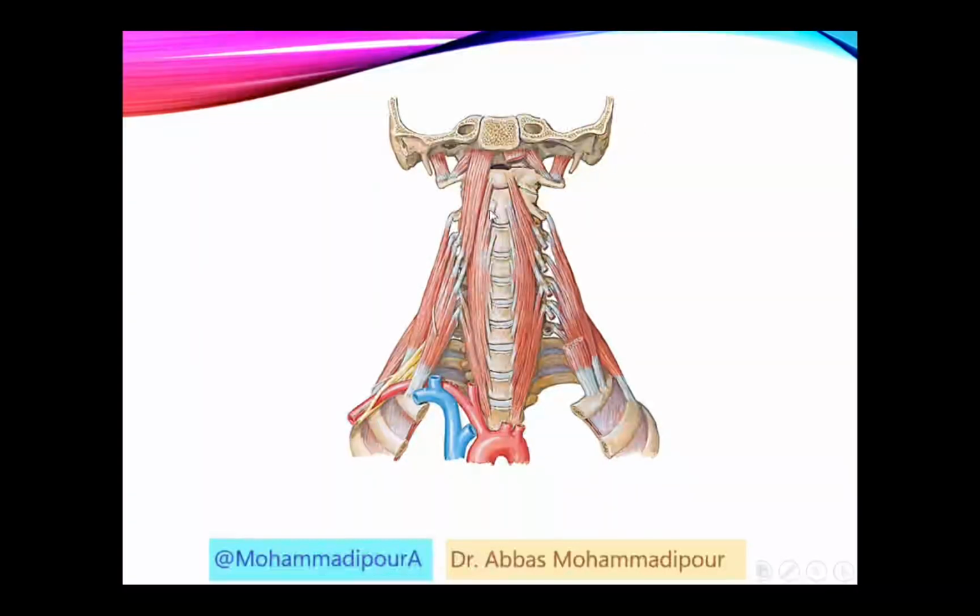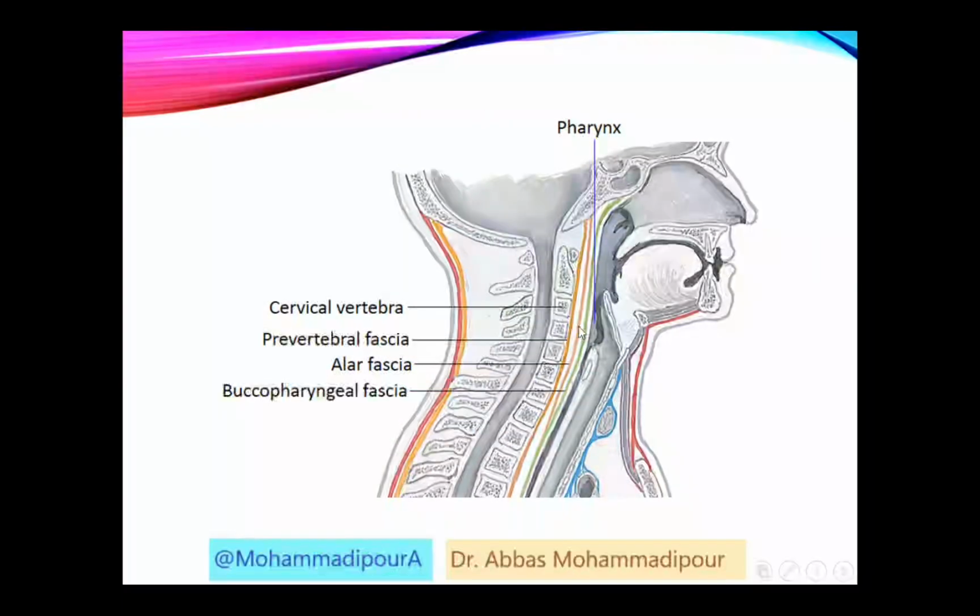Some cervical prevertebral muscles, in particular longus colli, here is longus colli, and also some fasciae are between the pharynx and cervical vertebra. The prevertebral fascia, the alar fascia, and the buccopharyngeal fascia.